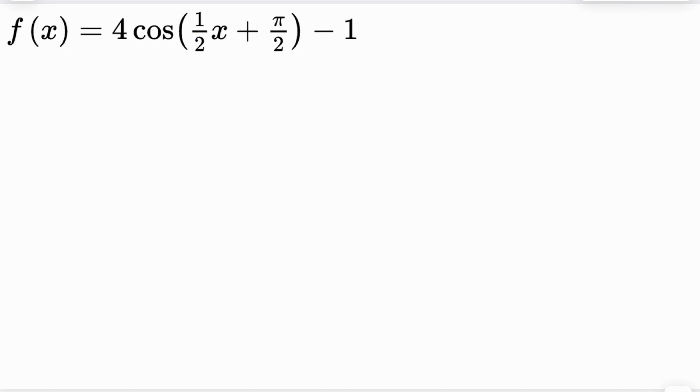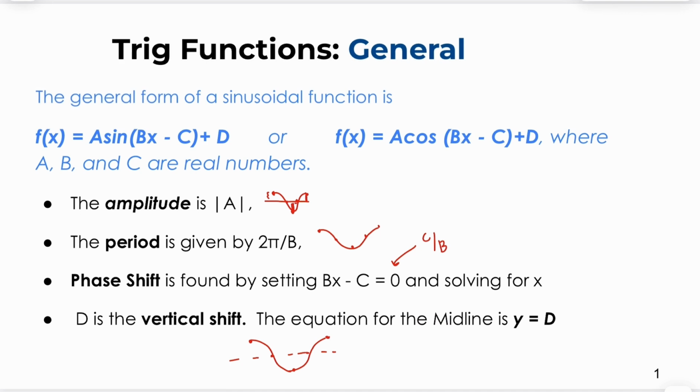Okay? It would be my recommendation to pause the video and try to pick out A, B, C, and D yourself. A is going to be 4, B is going to be 1/2, C is going to be negative pi over 2, because remember, in our general form, C is negative.